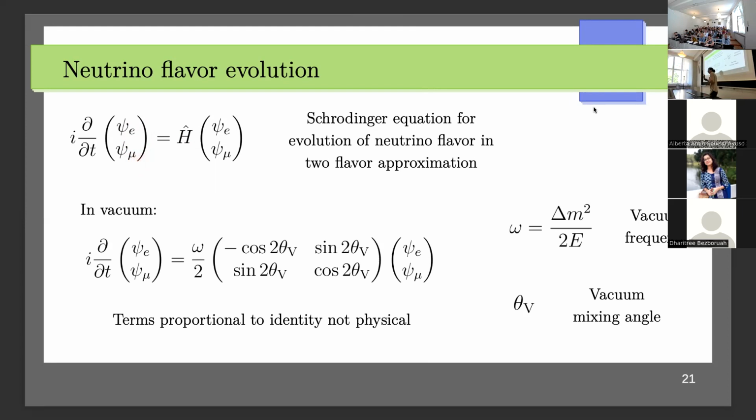Now, if we are in vacuum, this Hamiltonian has quite a simple form. It is this 2 by 2 matrix, which depends on only two parameters: the vacuum frequency, which is related to the mass square difference, and the energy. And it is also dependent on the vacuum mixing angle.